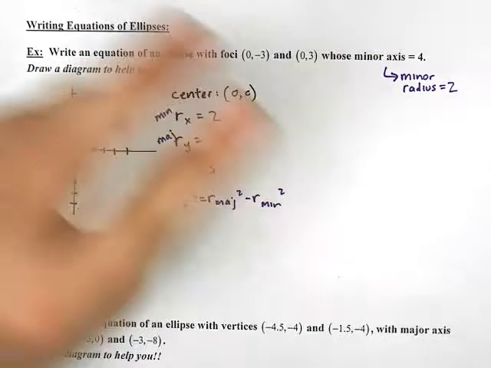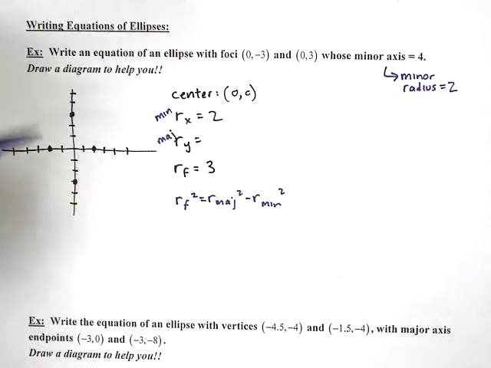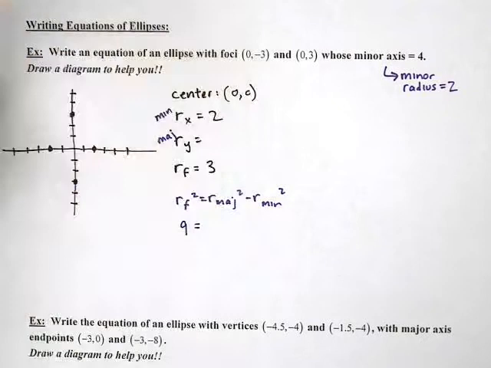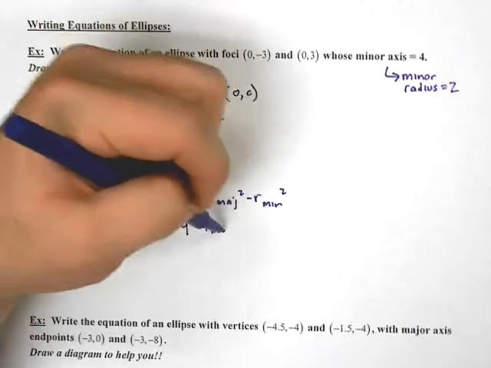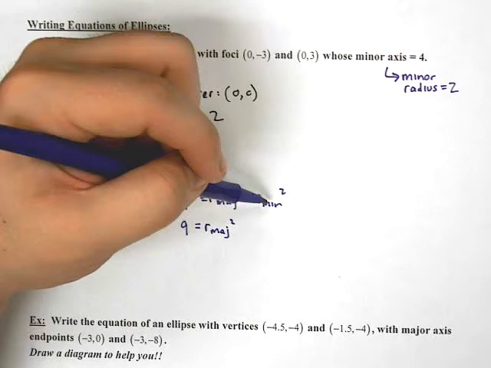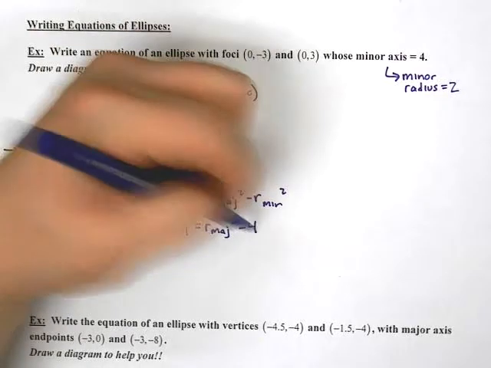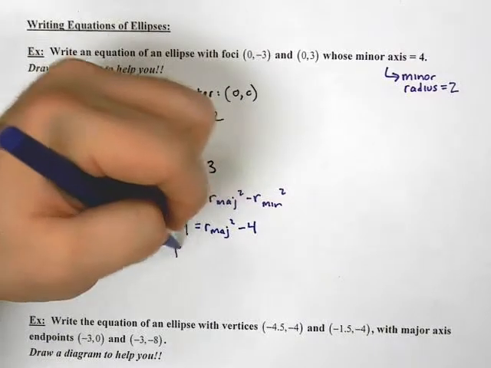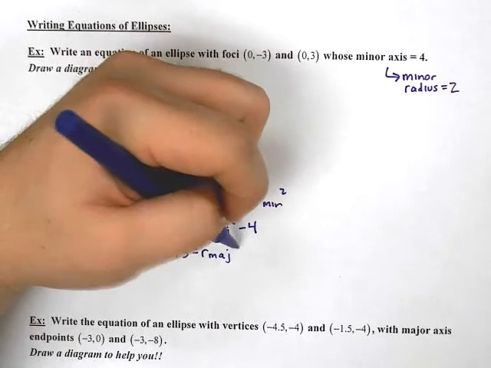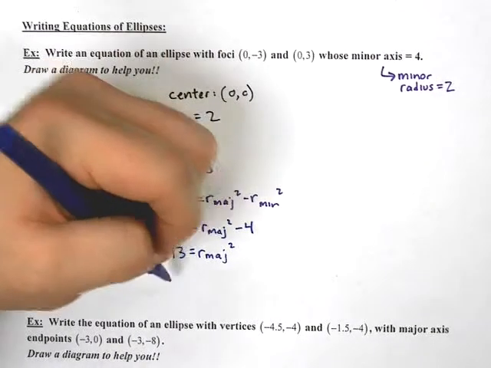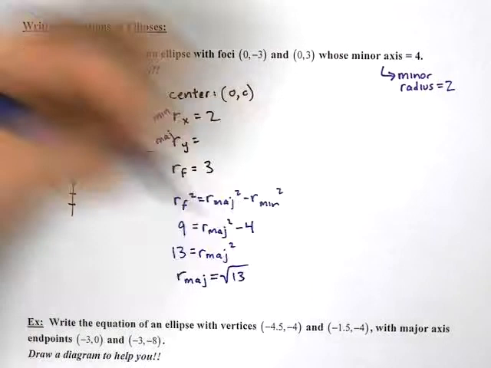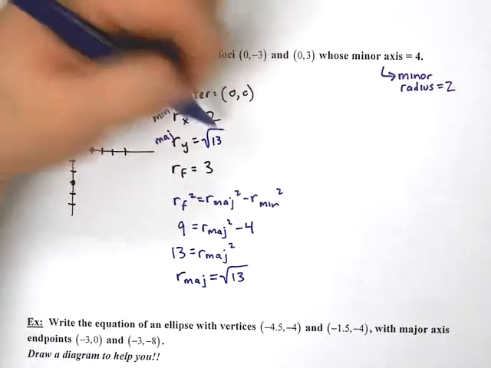So when we plug some stuff in, 3 squared is 9. We're looking for r sub major, and we know that the minor was 2, so 2 squared, so minus 4. So now we know 13 is equal to r sub major squared, and so r major is the square root of 13.